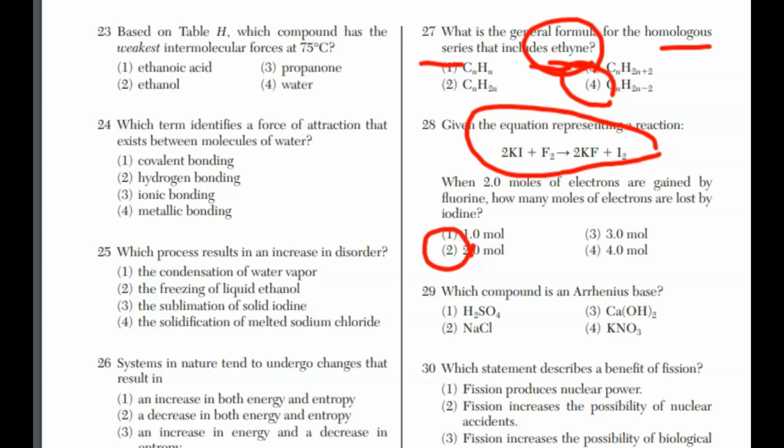For 29, which compound is an Arrhenius base? Arrhenius bases means that I have a metal and OH, which is choice 3. Now, if you weren't sure, you could go to the reference tables. There's a list of acids and a list of bases, and you could go ahead and process of elimination. Let me just show you something.